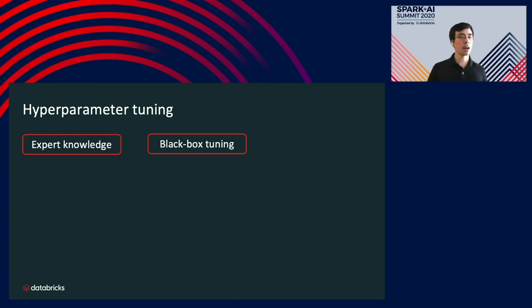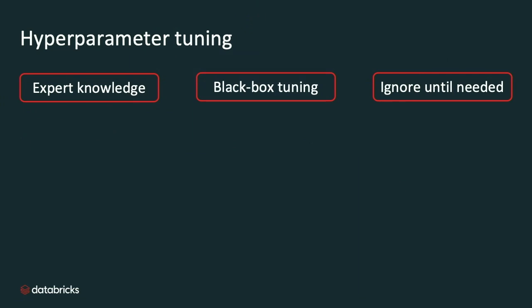This is a pretty common way to do tuning and quite effective if you do it effectively. And the final way is to basically ignore until needed. I think this is a common approach I take with some of the more algorithmic aspects. If a config really only affects the speed of learning, then I may not bother tweaking it until needed.